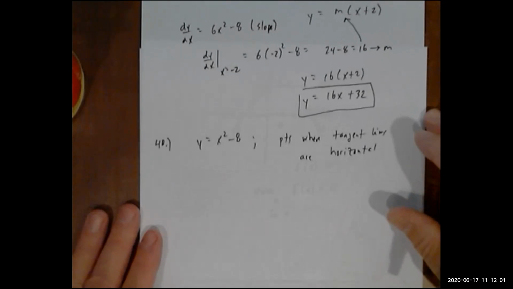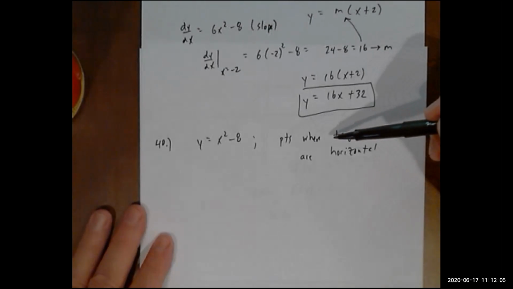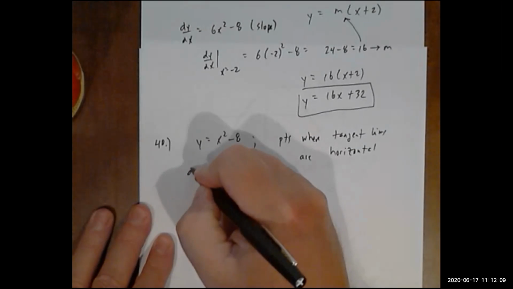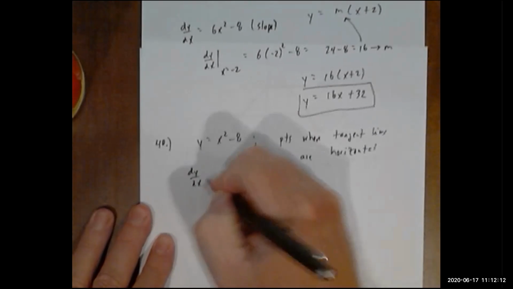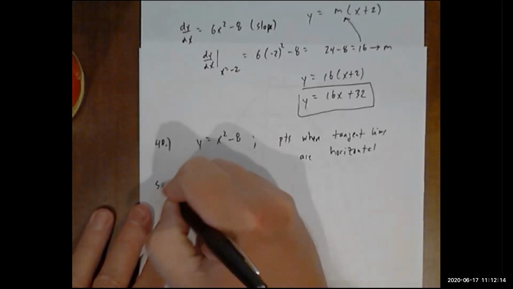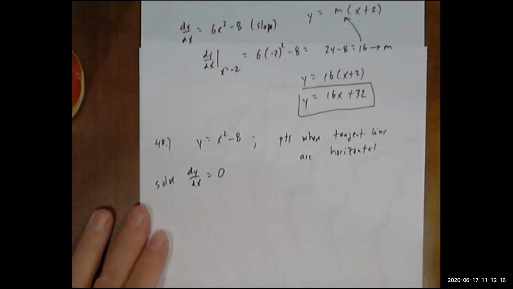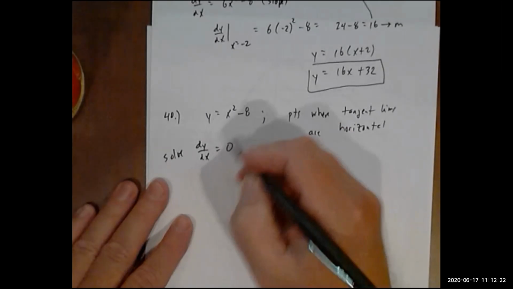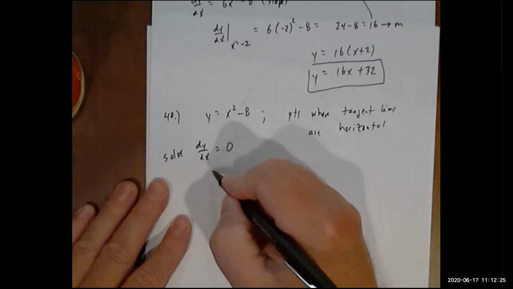So once again, in a nutshell, to find the points where the tangent lines are horizontal, we're going to solve this equation. Where is the first derivative equal to 0? The first derivative here is going to be 2x.